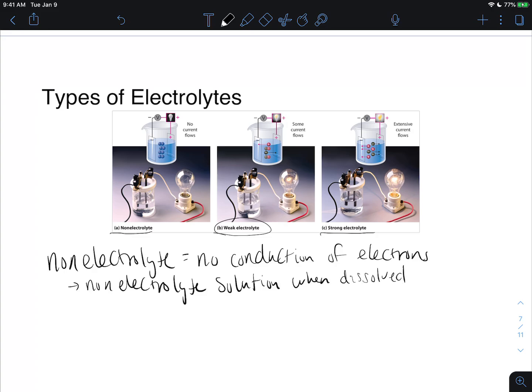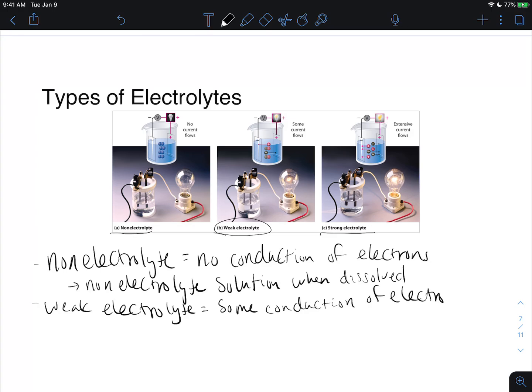So it'll behave just like pure water. With our weak electrolyte, there is some conduction of electrons. This partial conduction of electrons is going to come from a partial breaking down into ions.